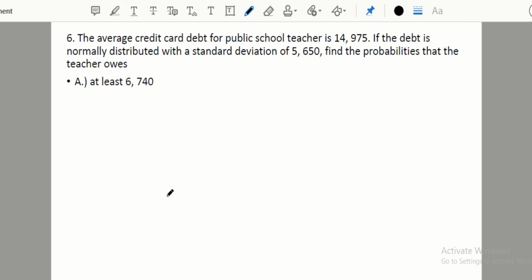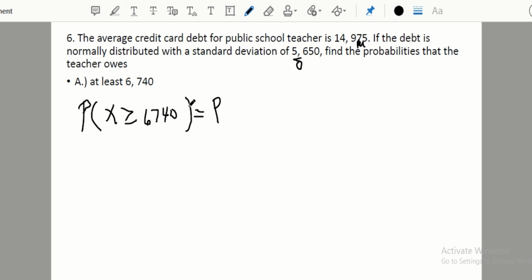The average credit card debt for a public school teacher is 14,975. So this is our population mean. If the debt is normally distributed with standard deviation of 5,650, find the probabilities that the teacher owes, letter A, at least 6,740. When we say at least, that is greater than or equal because it uses the words at least.